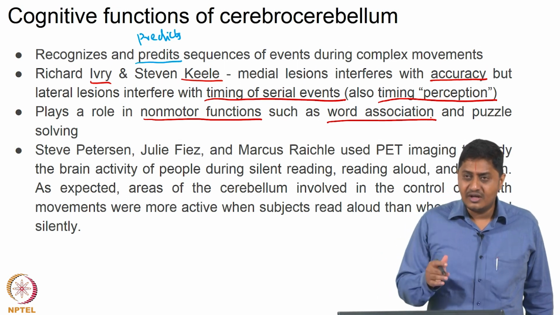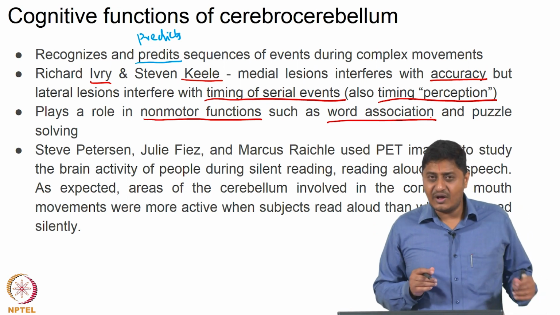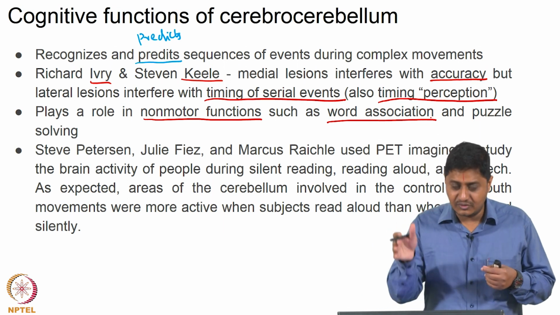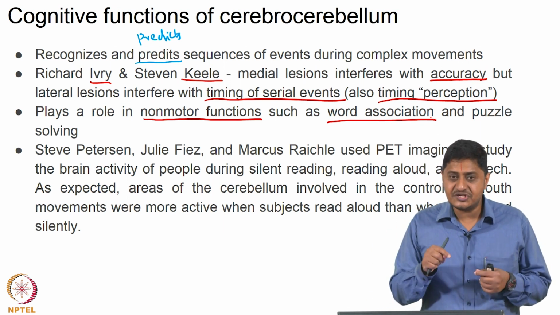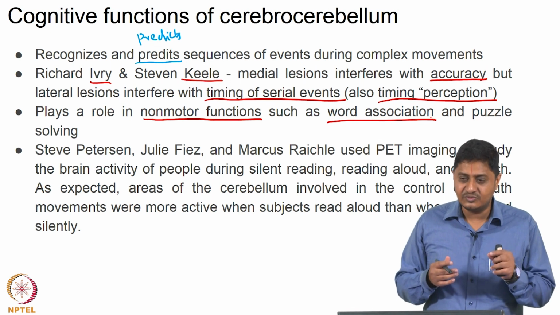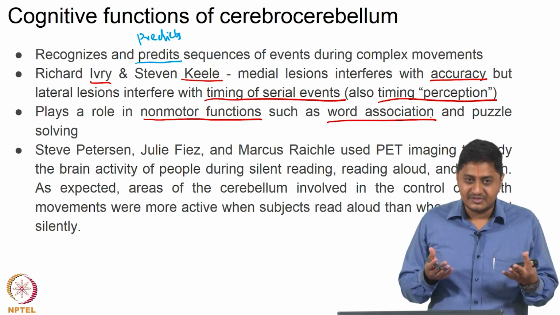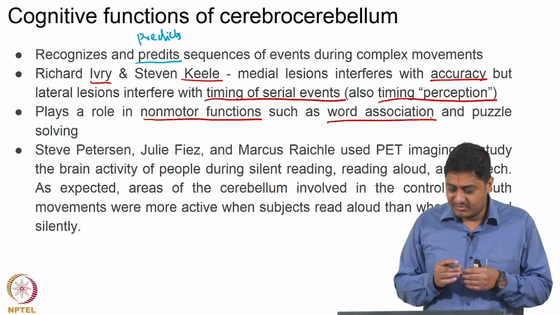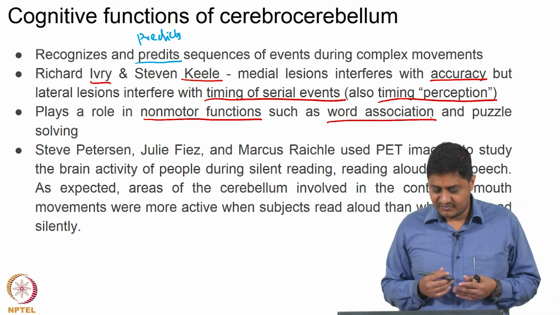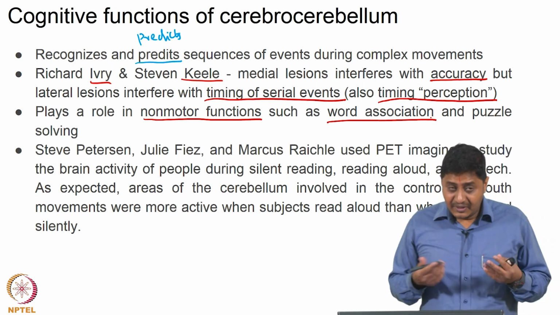This involves not just speaking out the word, but also association that has cognitive implications. I have to be able to say whether the cat meows or barks, for example. So, there is some cognitive processing that is required. It seems that in individuals with lesions of the cerebrocerebellum, this ability is compromised, and people have studied this.